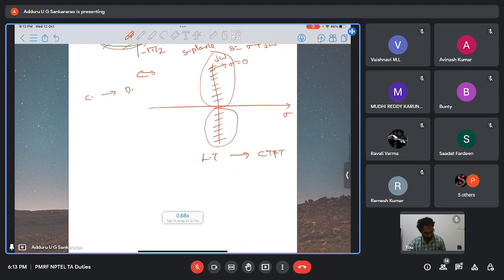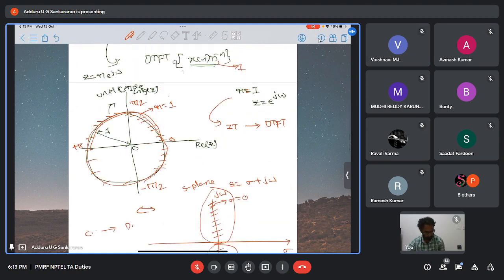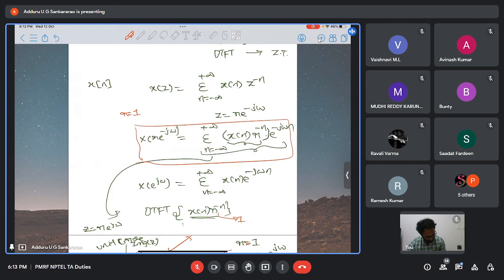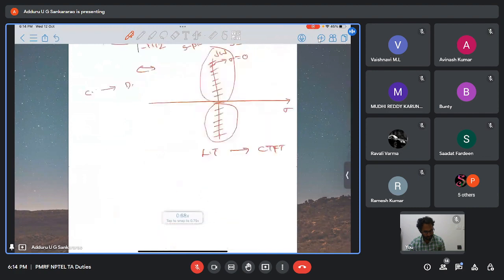So hope you understood this one, Z domain representation. So now in this definition we have seen X of z is this one, right? Now the values of z for which this X of z, or whatever this equation, is defined, that is nothing but the ROC, region of convergence.